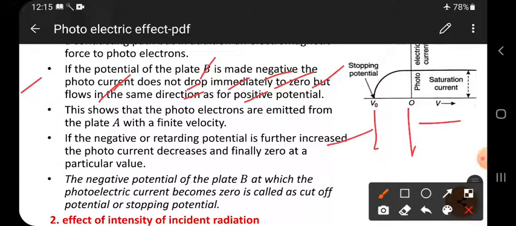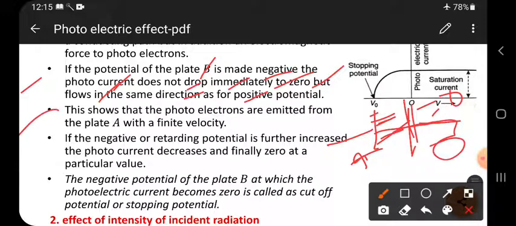So the A plate produces electrons and B starts attracting them. Even though its potential is 0, electrons are produced here and also flow through the galvanometer. This shows that photoelectrons are emitted from the plate A with a finite velocity. So a certain velocity, finite means known velocity.